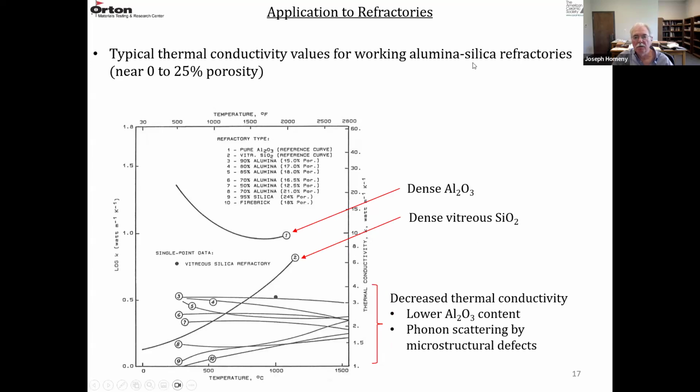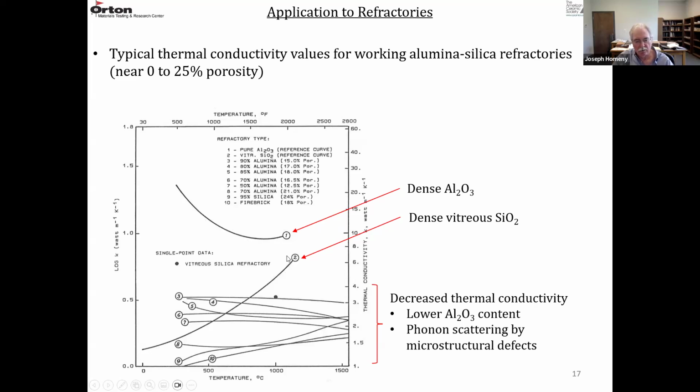For the alumina silica refractories, again, maybe 0 to 25%, more realistically 10 to 25%. Dense alumina has the highest thermal conductivity. On this plot is dense vitreous silica. So this is fused silica, and you can see that this one has the 1/T relationship followed by the region where it tends to level out. This one is the radiation effect.